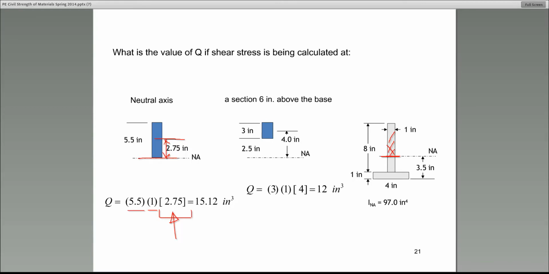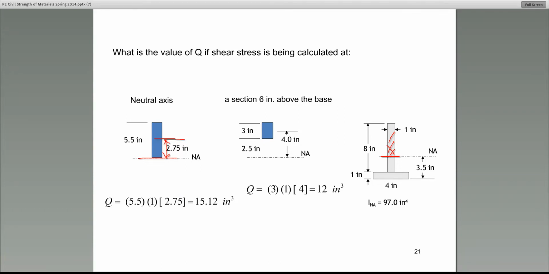Now, how do we calculate Q? We find the area, in this case 5.5 times 1 times 2.75, which is the moment arm. What do you come up with? Well, I come up with 15.12.